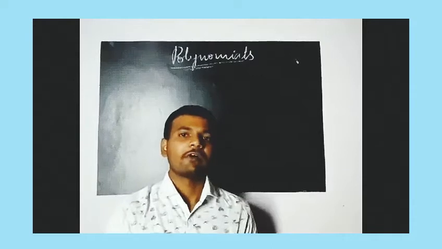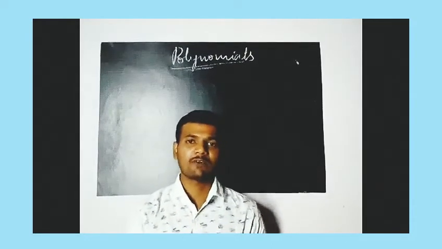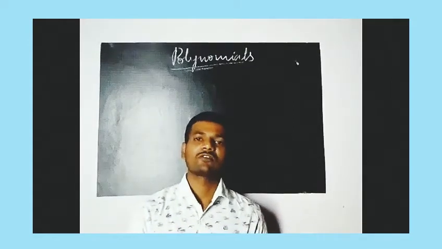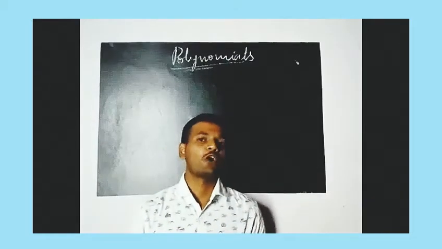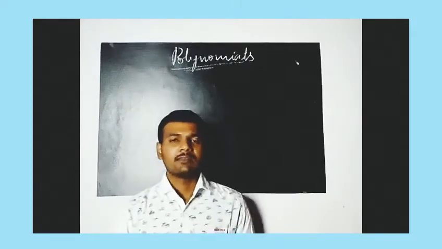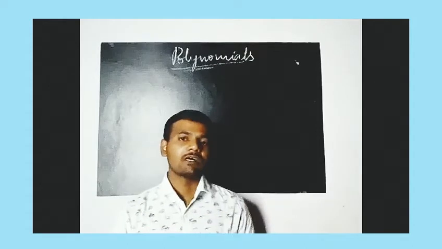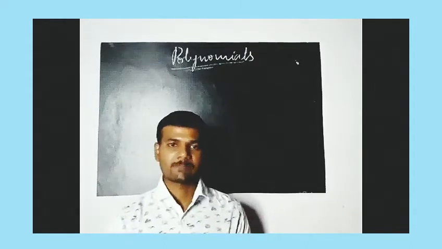So far you have already studied algebraic expressions, types of algebraic expressions, terms and their types, coefficients and the types of coefficients, and then operations on algebraic expressions. Now we have a quick revision of them, starting with algebraic expressions.